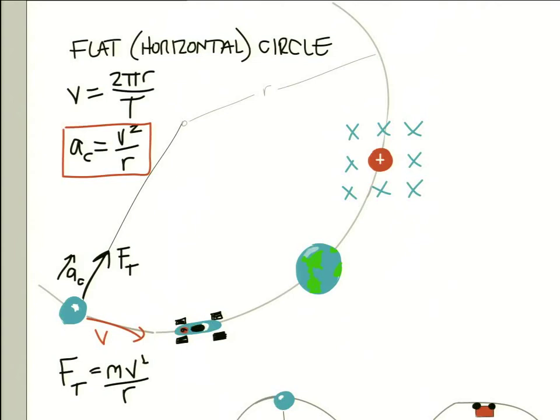Now, we should make a quick mention of the coordinate system that we're using in this case. You can see in this case I've made the force of tension positive and the acceleration positive. They're going in the same direction, as you can see. And there is this convention in working with these problems that makes them much simpler to work: you use the direction towards the center as the positive direction.